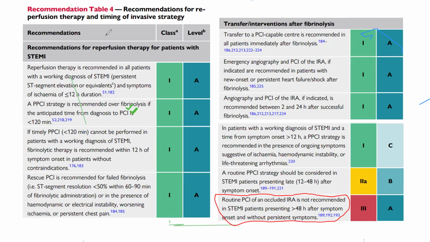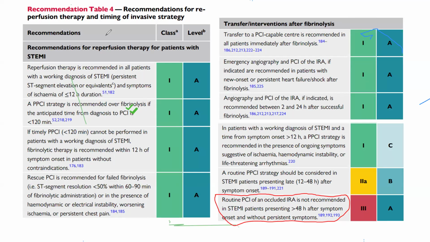Now, during the procedure, if you notice that, let's say, the left anterior descending is occluded and the patient is stable, vital signs are good, no symptoms, I don't have to open up that occluded LAD. Why?